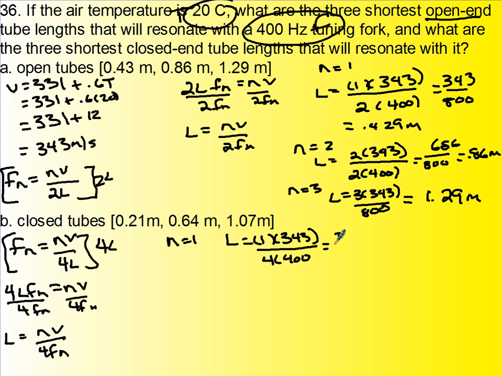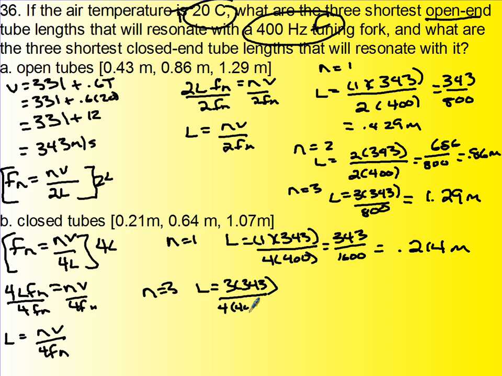So it's 343 divided by 1600. So what is that? 343 divided by 1600 is 0.214 meters. Now, for n equals 3, L is 3 times 343 divided by 4 times 400.